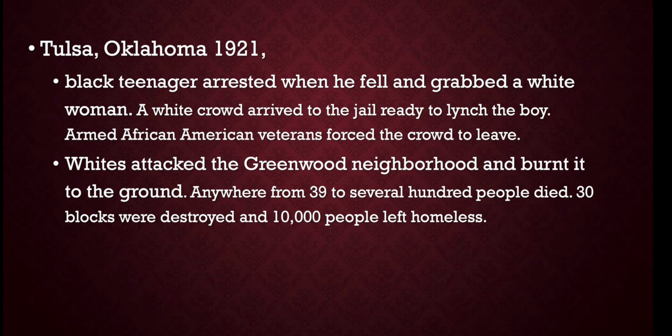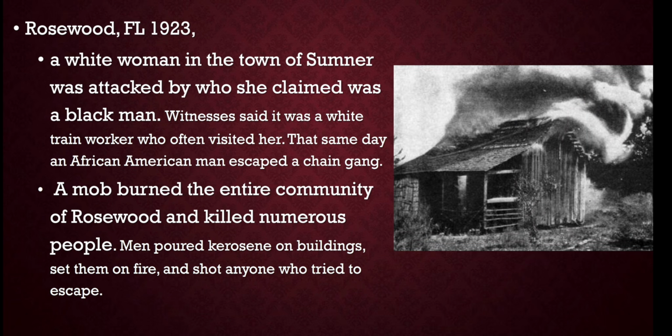And then our last real big race riot of the 1920s happened in Rosewood, Florida in 1923. A white woman in Sumner, which was the segregated African American community just outside of Gainesville, was attacked by who she claimed was a Black man. Now, witnesses were claiming that this woman had a tendency to have a visitor that was one of the train workers come visit her when her husband was not home.